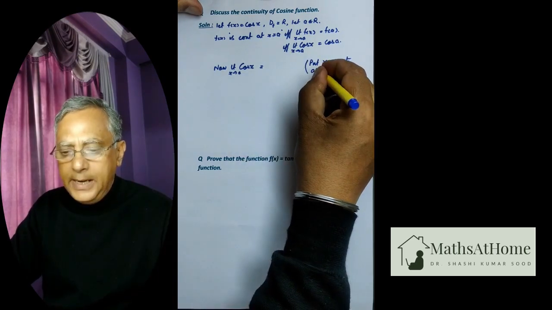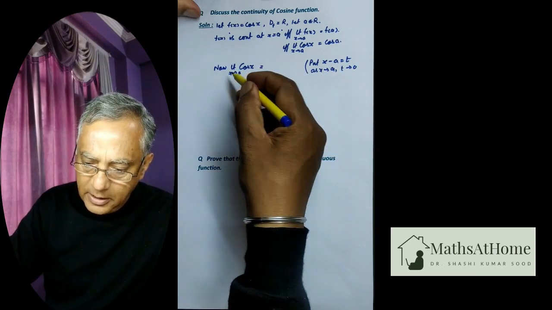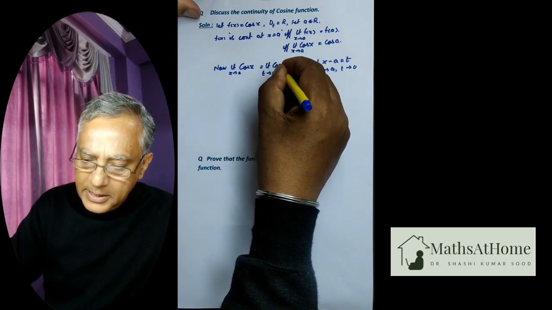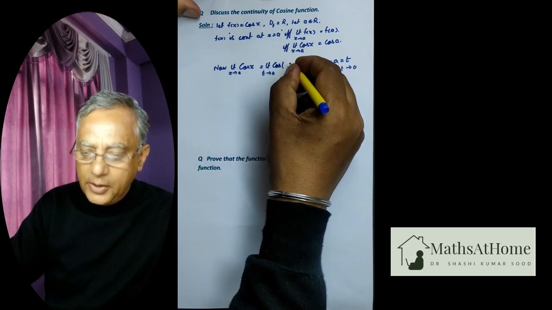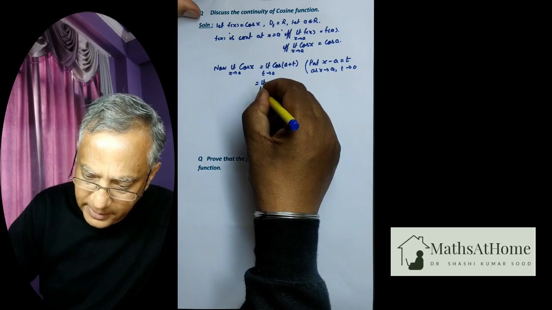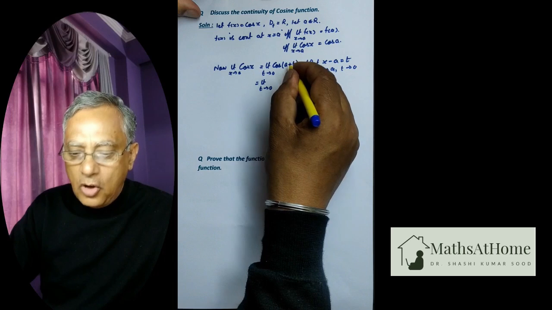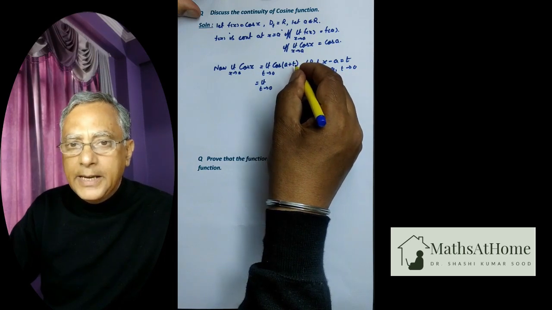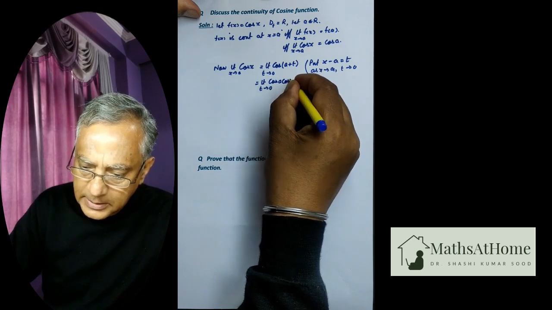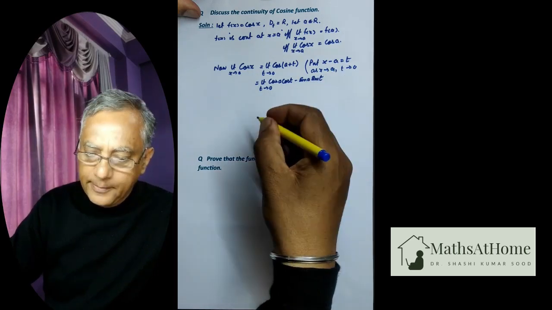As x approaches a, t will approach 0. So this limit can be written as the limit as t approaches 0 of cos(a plus t), since x is a plus t. Cos(a plus b) is cos a cos b minus sin a sin b. Using this formula, we get cos a cos t minus sin a sin t.